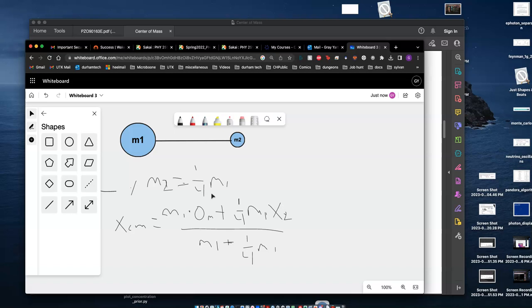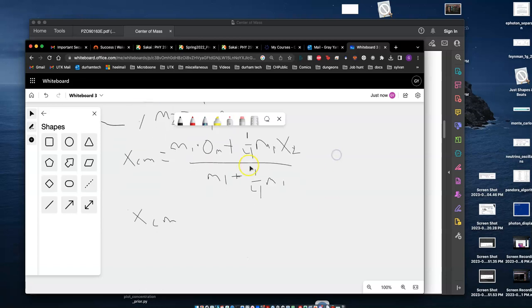So then we simplify. Simplifying, the first term becomes 0, get rid of it. On the top, we'll have still just 1/4 M1 x2. On the bottom, we will have 5/4 M1.